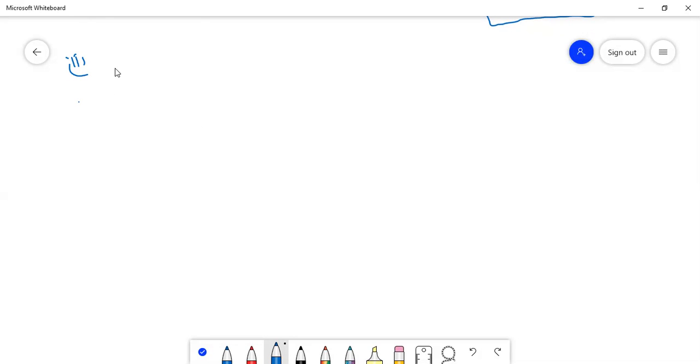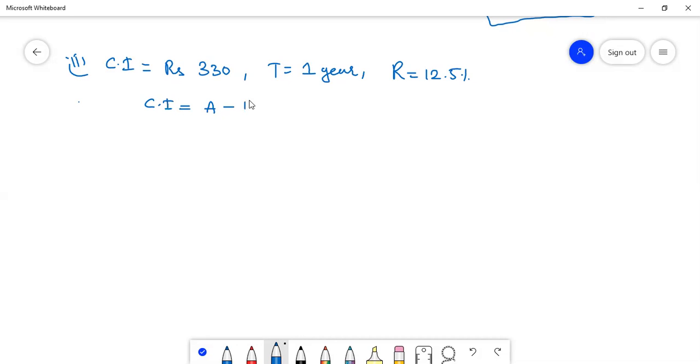The compound interest is equal to 330 rupees, time is equal to 1 year, and the rate of interest is equal to 12.5 percent. We can take the formula compound interest is equal to amount compounded half yearly minus principal amount.